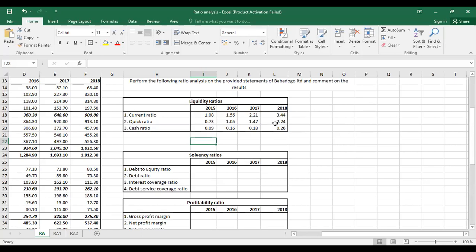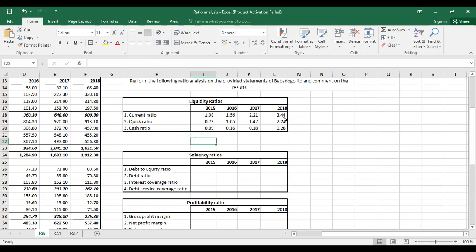Here it means we can use our current assets, excluding inventory, to pay our current liabilities 2 times. And our cash ratio is 0.26, that is 26%, so our cash can only pay 26% of our current liabilities.